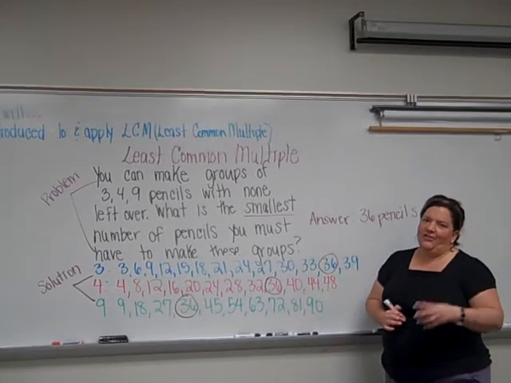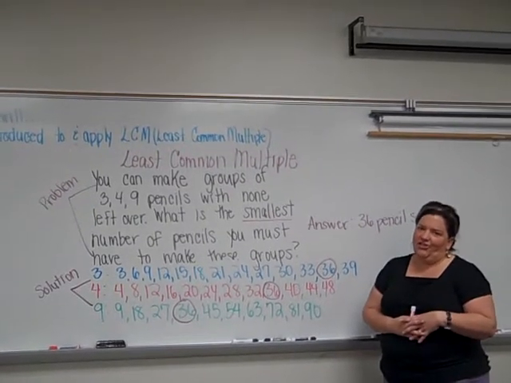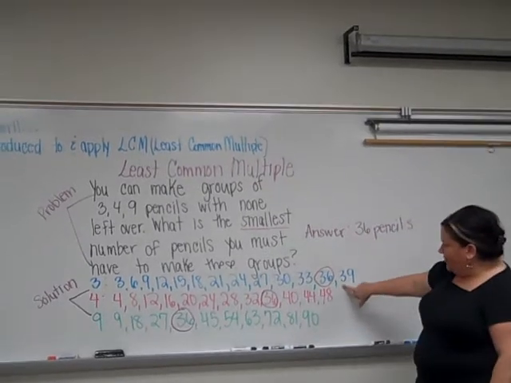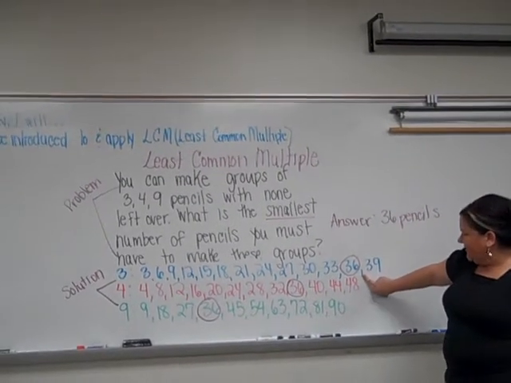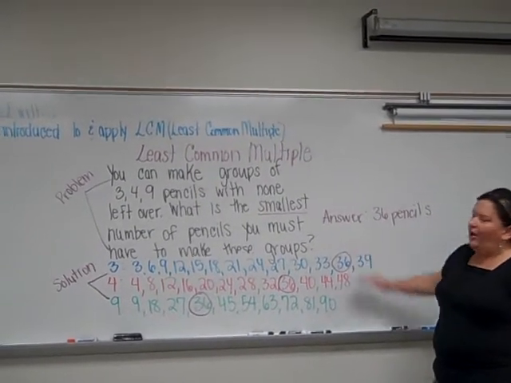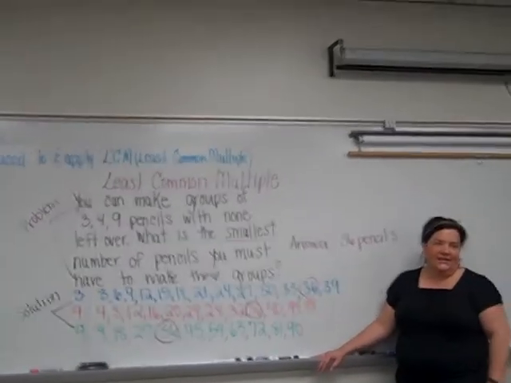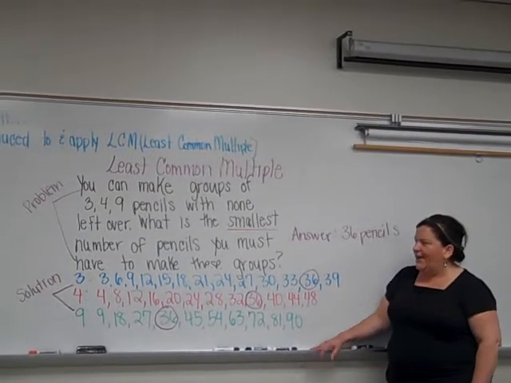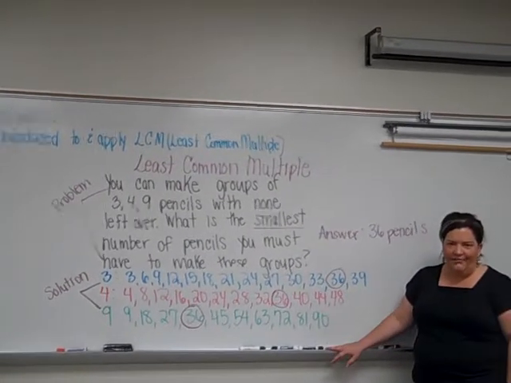And we have to make sure that they're in each set of integers, in each set of multiples as well. So I noticed 36 is the least common multiple. Out of all the numbers we have listed, 36 has the least value, and it's common among each set of numbers.